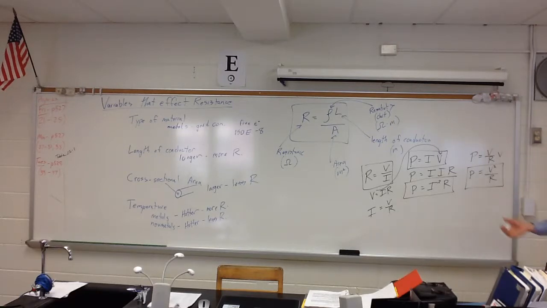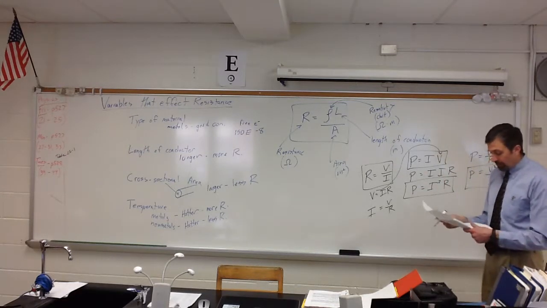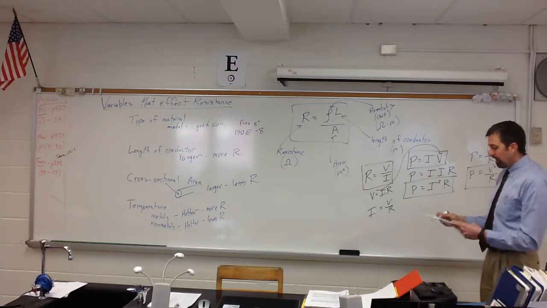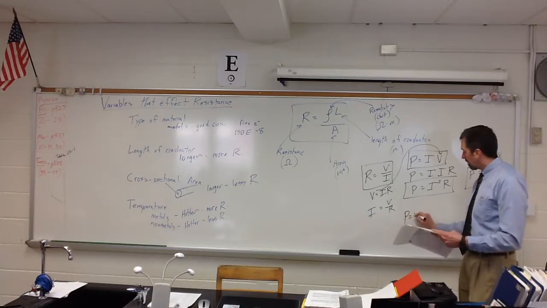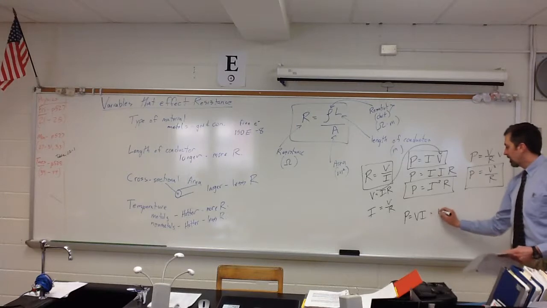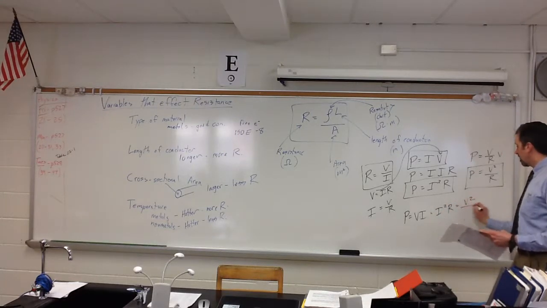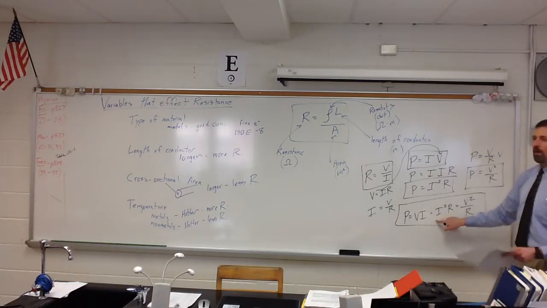Now, I don't want to belabor this, because the fact is, I'm just taking the equations and combining them in different ways. And on the reference table, you will find that they write it all out for you. They write P is VI. It's also equal to I squared R, and it's also equal to V squared over R. And they write this on one line, just like that.